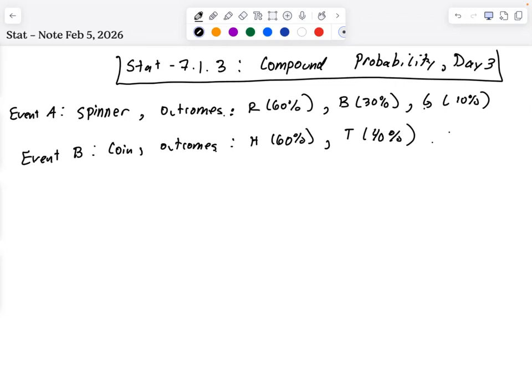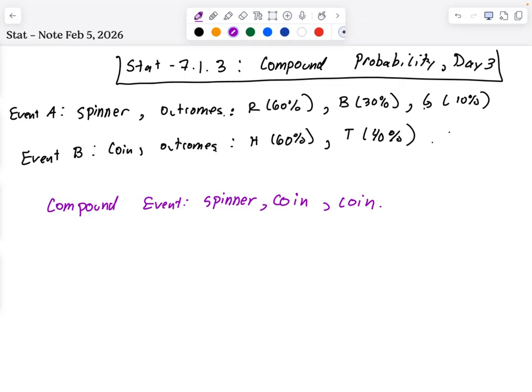Now, the compound event that we're looking at is a spinner, coin, coin. So we're going to flip the spinner and see what it lands on, and then we're going to flip a coin twice.